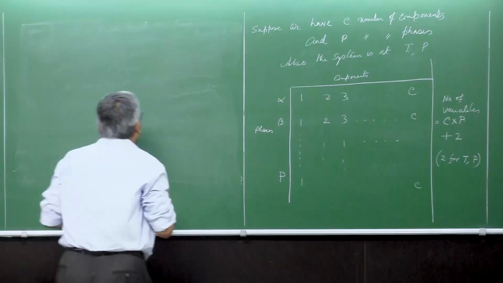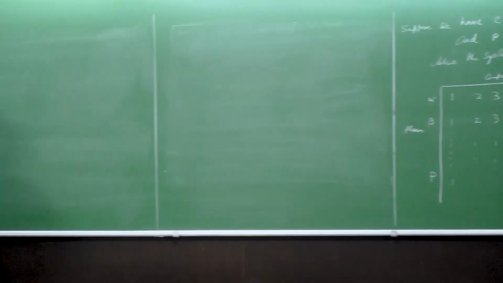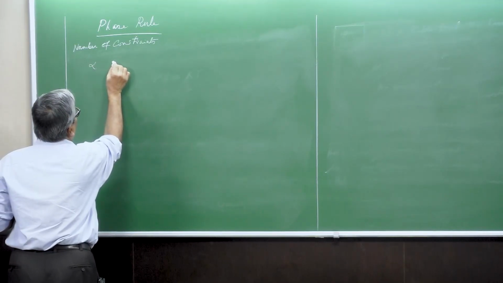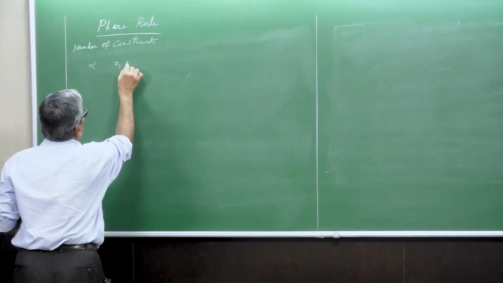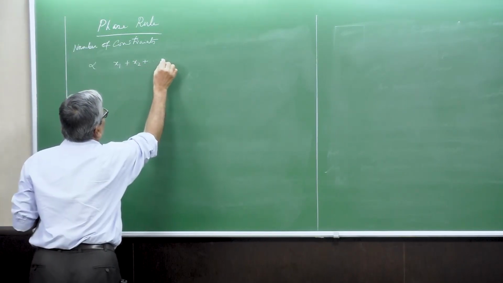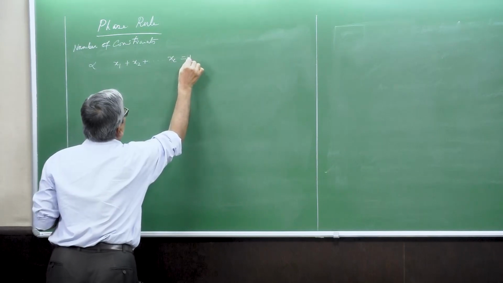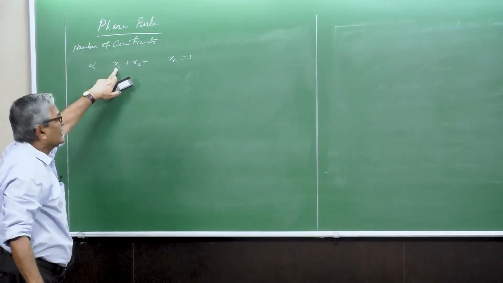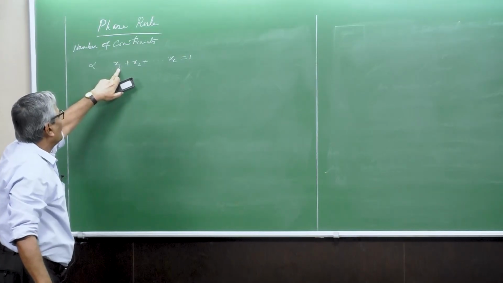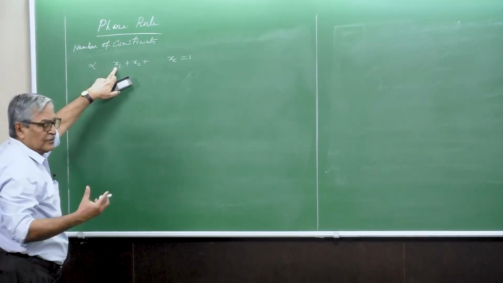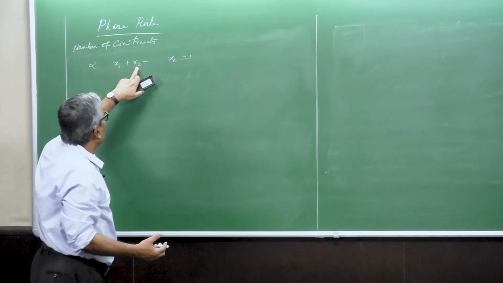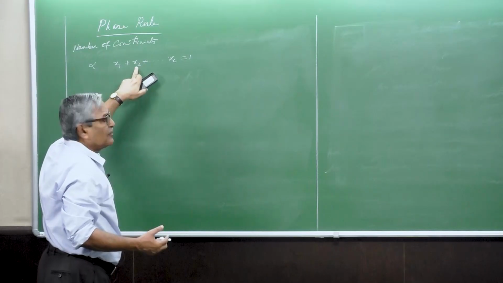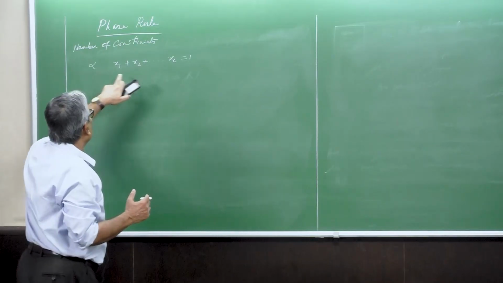For the alpha phase, I have x1 plus x2 plus up to xc equal to 1, where x are the mole fractions. So in the alpha phase, I have component 1 with mole fraction x1, x2 for component 2, up to xc. Note that not all components have to be present, some of them may be 0, it doesn't matter.